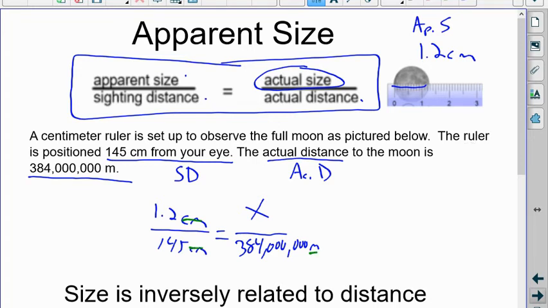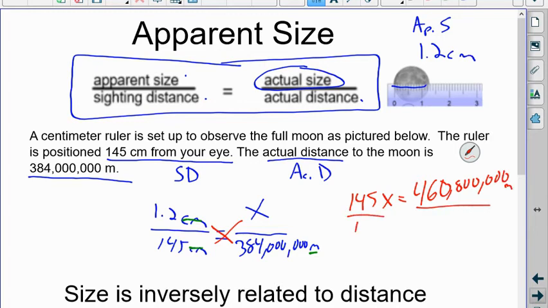I'm going to cross multiply. So I'm going to have 145x is equal to 384 million times 1.2, which I will do out really quickly. So 384 times 1.2, and I'll get 460.8 million meters.